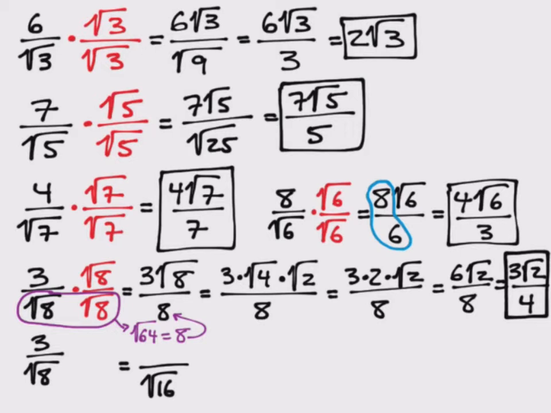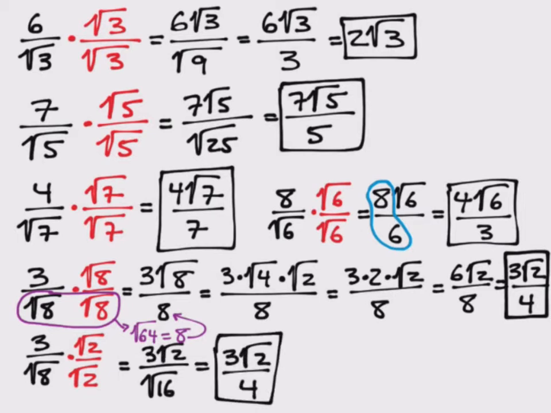All we need to do is multiply this original fraction by the square root of 2 over the square root of 2. And look how much more quickly we got to that answer. So, while just multiplying by the square root will always work, we need to keep in mind that we may need to simplify later, and there may be a more efficient way to take care of the problem.